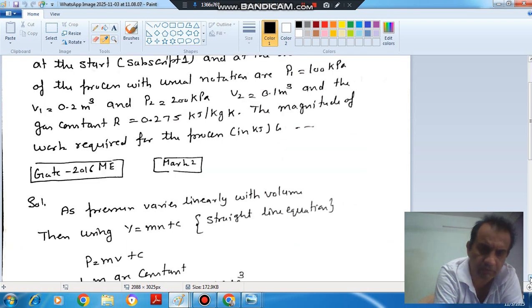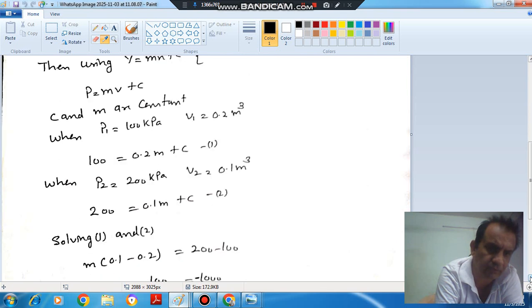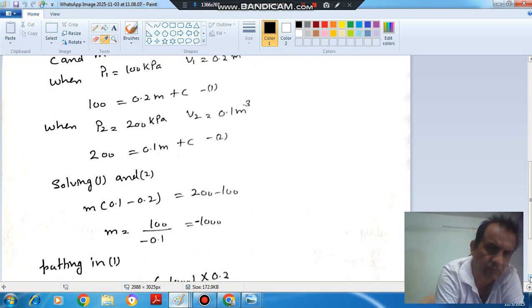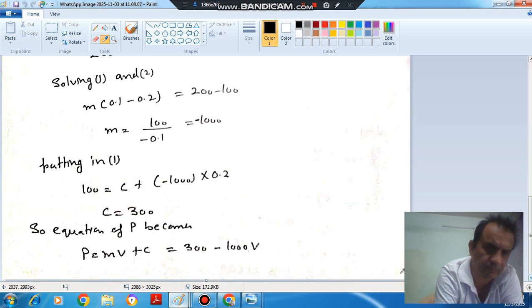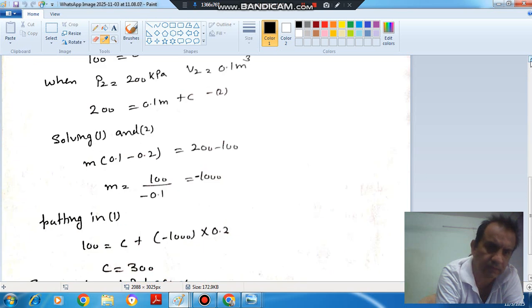From these P1, V1 and P2, V2, we can find out m and c. So m comes out as minus 1000 and c comes out as 300. So the equation of P becomes P is equal to 300 minus 1000 V.